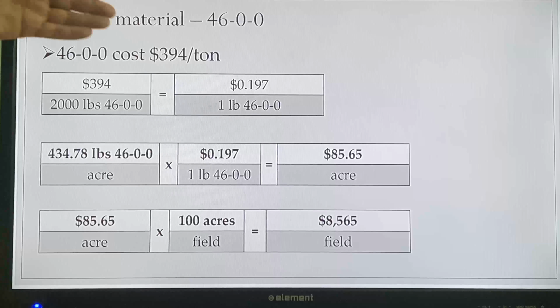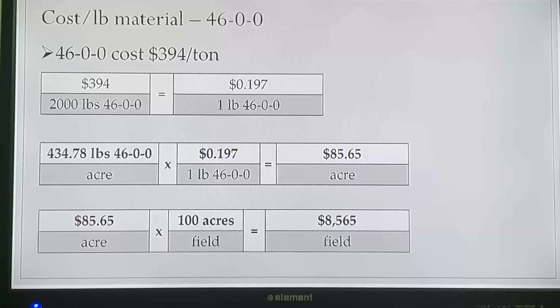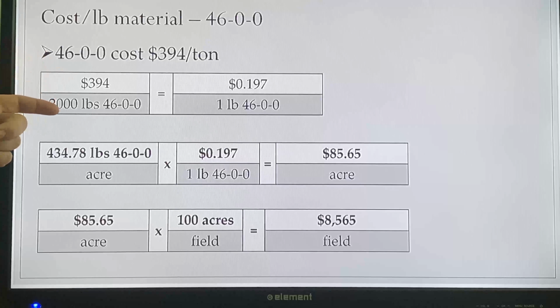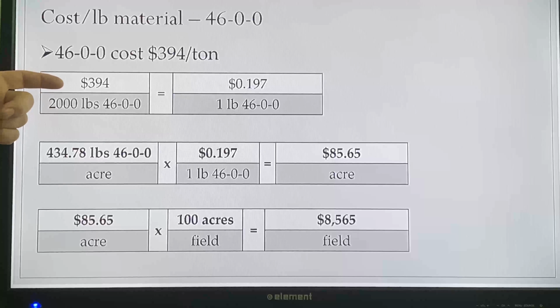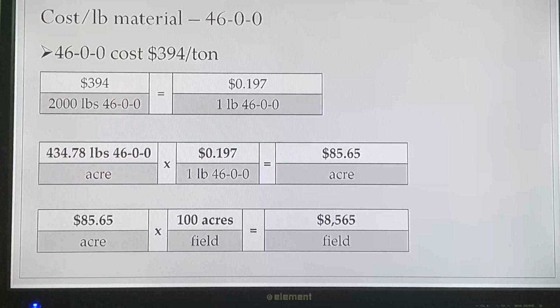So you were given a cost per ton. It costs about $394 per ton of urea. This is a fairly accurate price. So this is price over product. This is how we determine this. Price over product gives us how much it costs per 1 pound of fertilizer material.